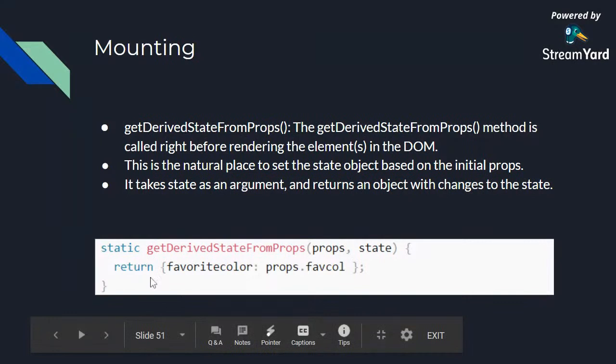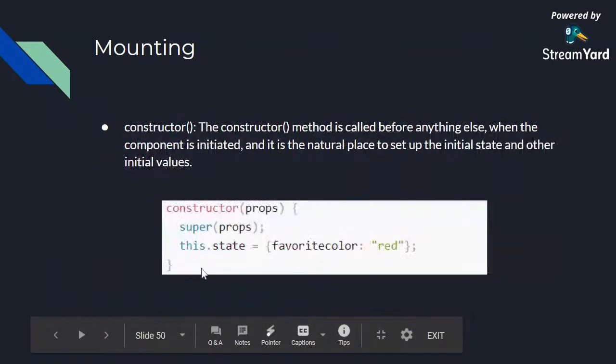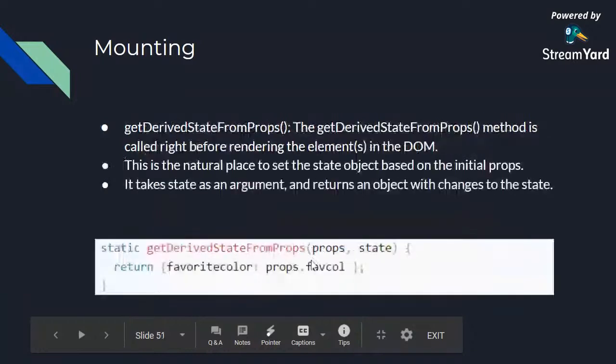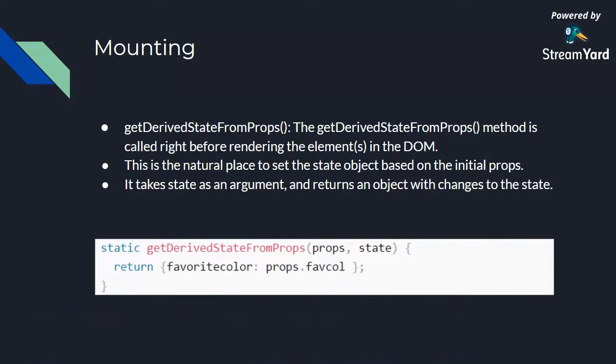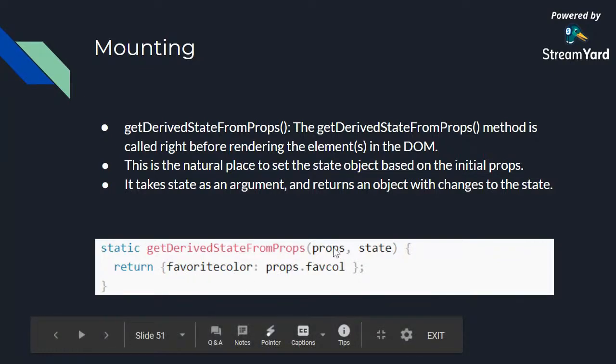We can just return the state, because we just have one value in the state right now. So we can directly return favoriteColor with props.favcol. Favcol is the variable name for the prop that has been set up from the parent to the child. So we can change the value of the state according to the props at this particular stage of the life cycle.